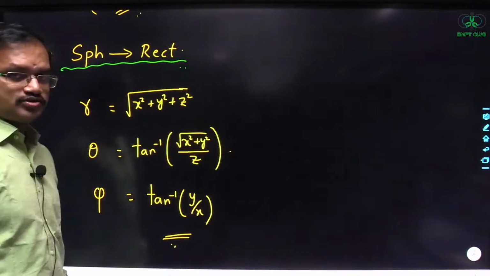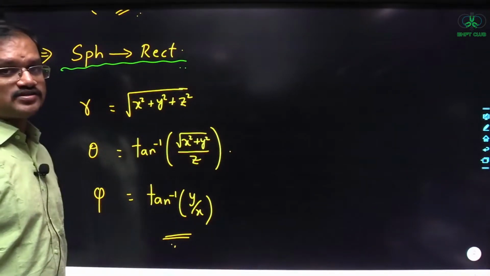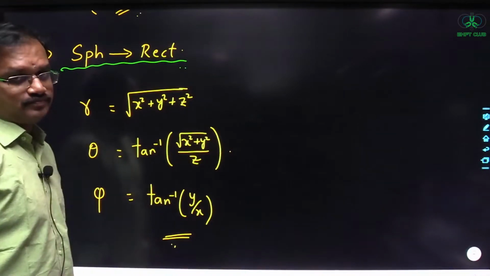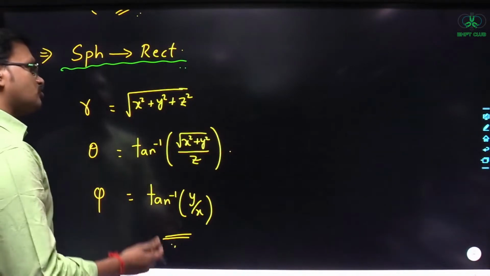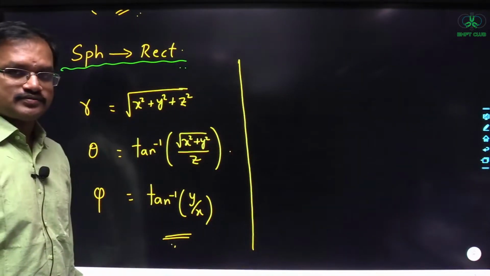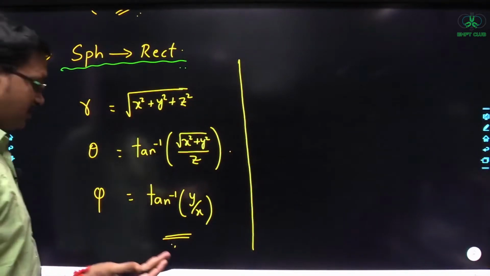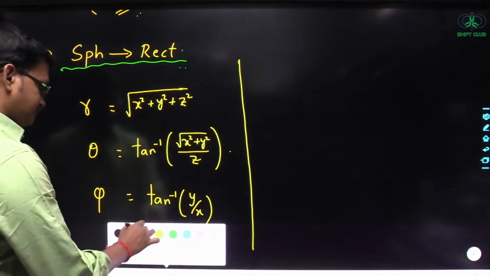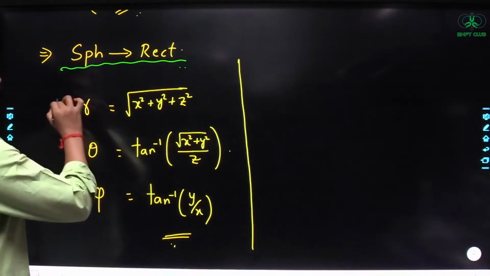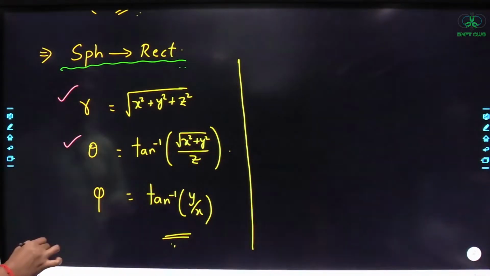There is no change, so there is no need to repeat it. So we have represented r, theta, and phi in terms of rectangular coordinates.